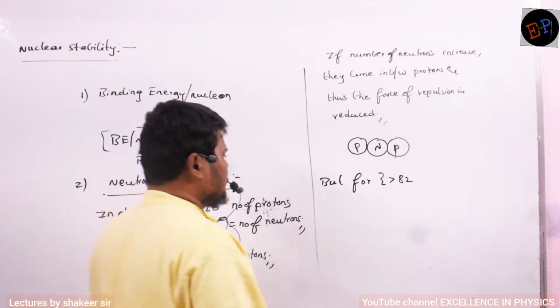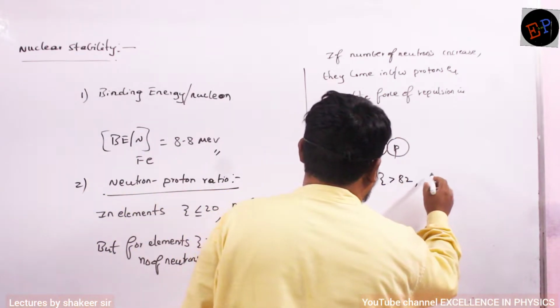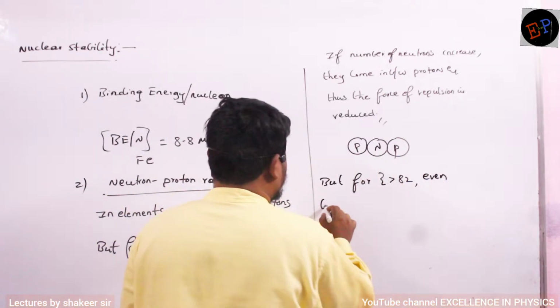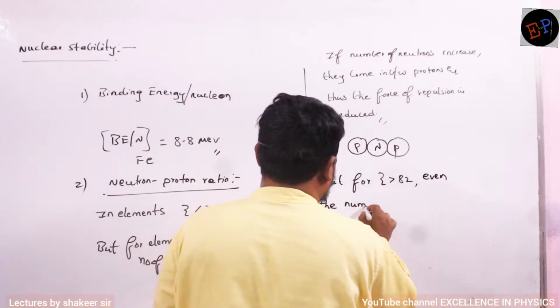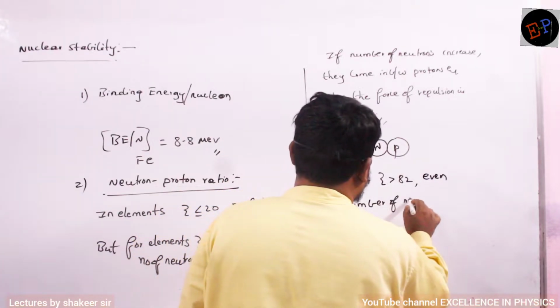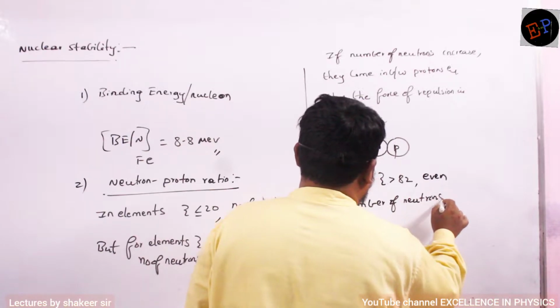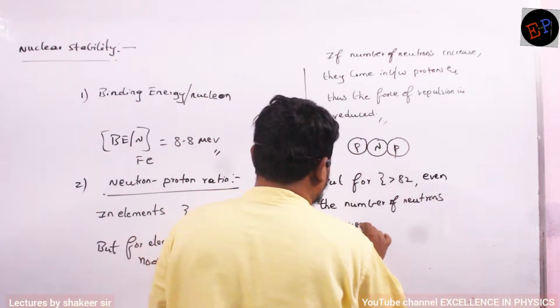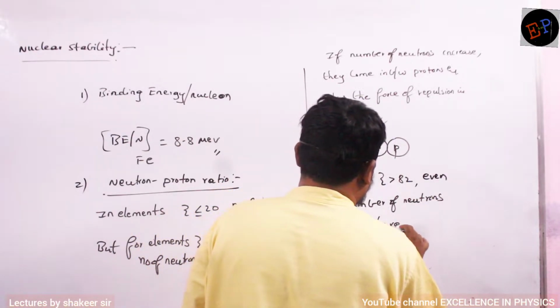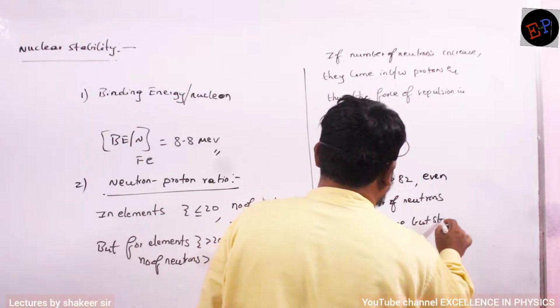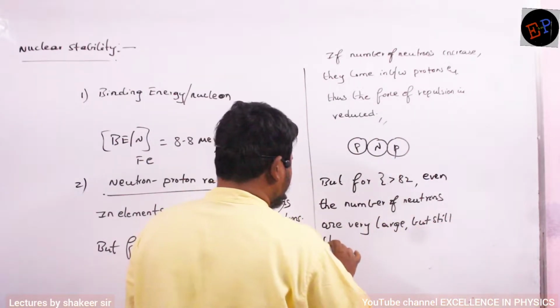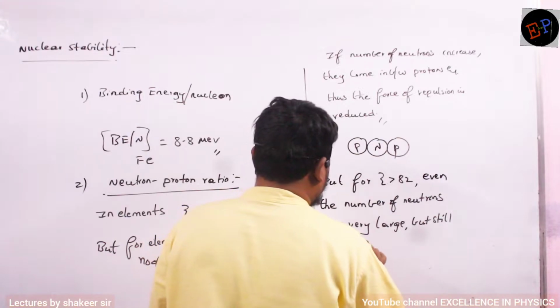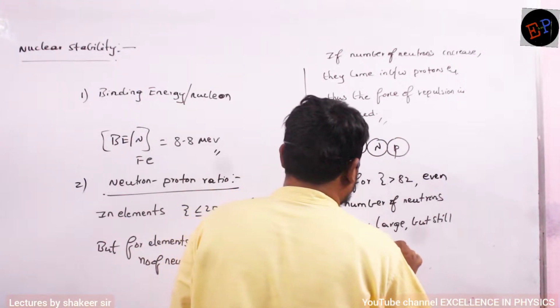So we write that for Z greater than 82, even though the number of neutrons is very large, still the nucleus will become unstable.